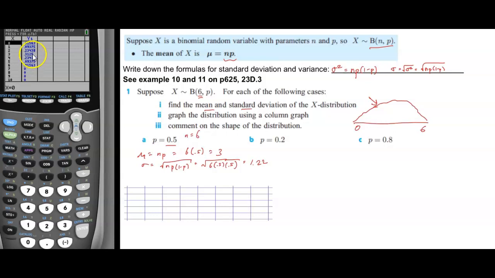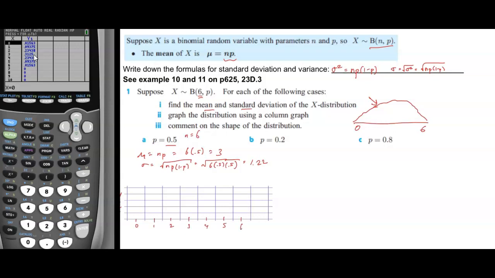It looks like the highest value is 0.31. So maybe I will do my y values as 0, 0.1, 0.2, and 0.3, because it doesn't really go higher than that. And then the x values would be centered here. I would have 0, 1, 2, 3, 4, 5, and 6.